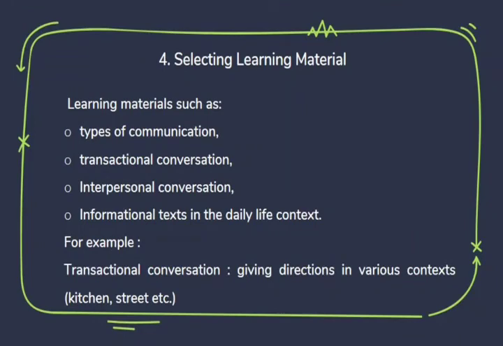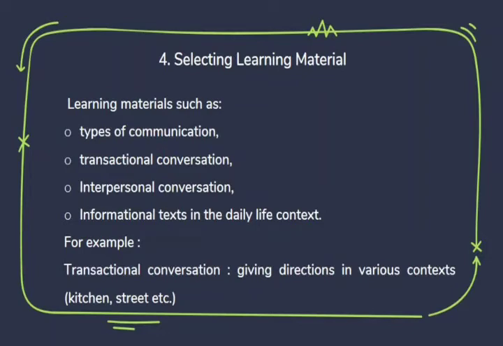Number 4, selecting learning material. The learning materials prepared for the lesson plan should be based on the student literacy level, like performative, functional, or informative. And for junior high school they are descriptive, procedure, recount, narrative, and report. While news items, discussion, explanation, exposition, and reviews are for senior high school.